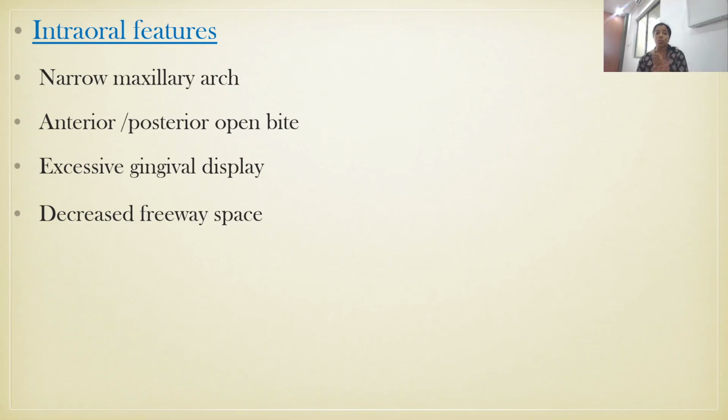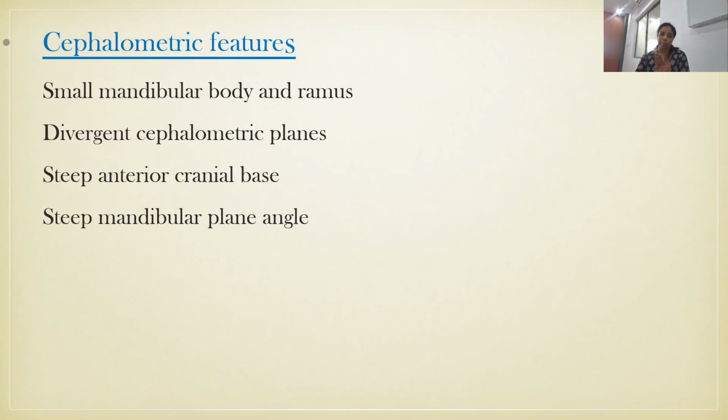Then moving on to the intraoral features, usually open bite is associated with a narrow maxillary arch, especially those patients who are having some kinds of habits. And the open bite may be presenting as an anterior open bite or posterior open bite. Excessive gingival display and decreased freeway space can be considered as a feature of open bite.